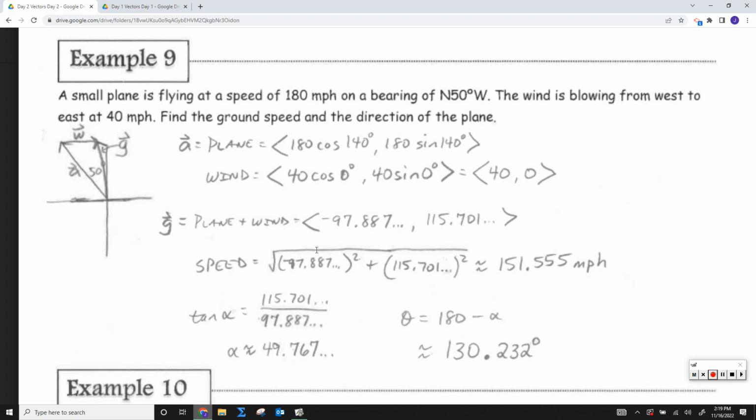Just like I said earlier, once you get past your vector and into doing computations, the negatives are no longer needed. We just need to figure out the measure of those angles, and then we can use our reasoning to figure out what the directional angle is from there. So do not write the negative. Just type inverse tangent in your calculator of 115.701 divided by 97.887, which gives us 49.767.